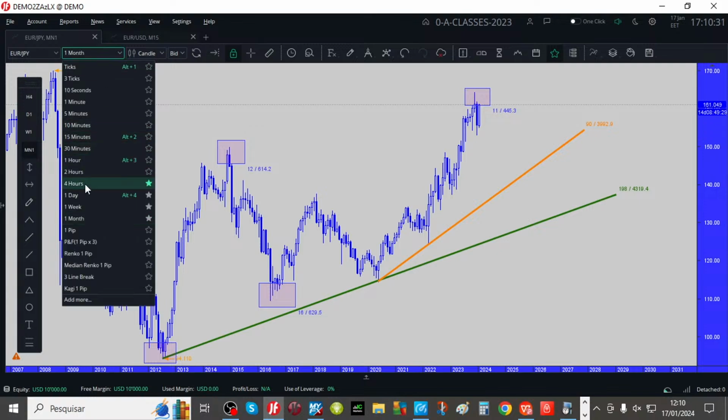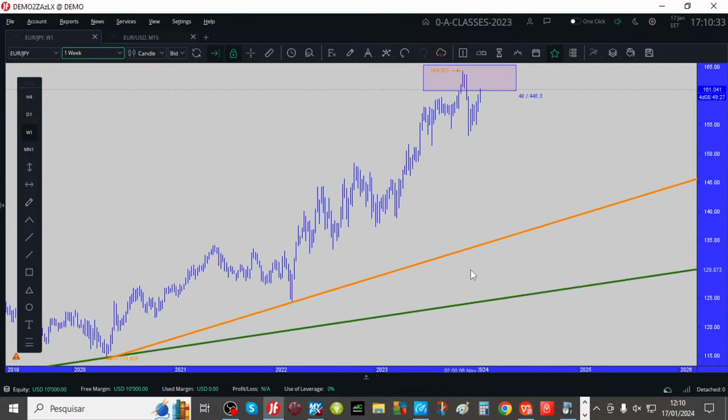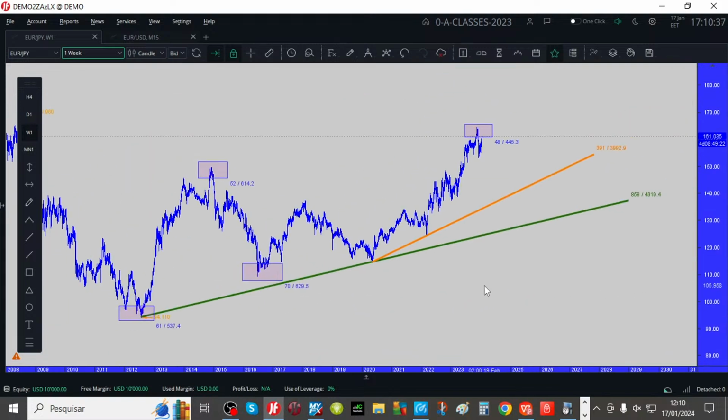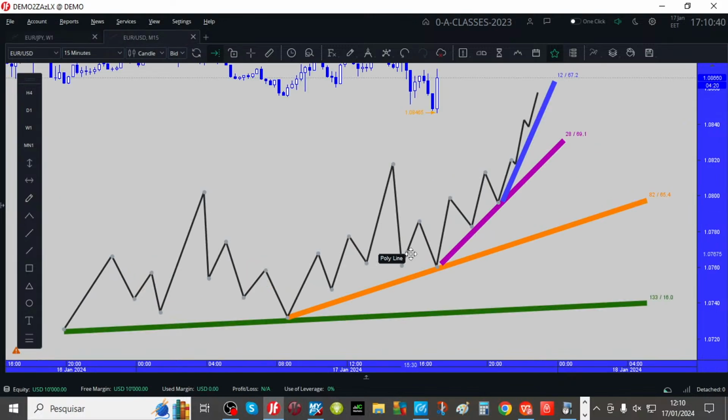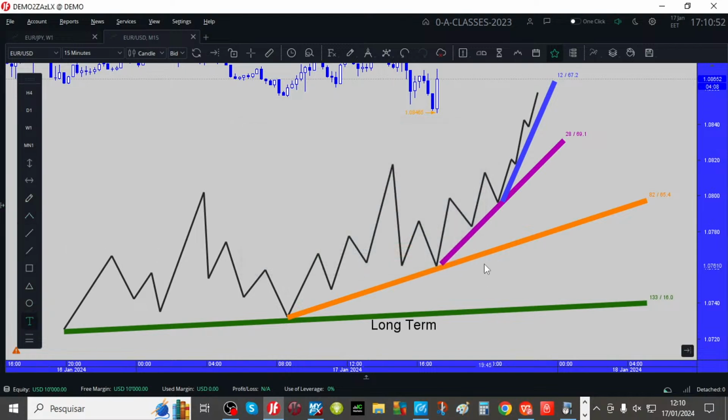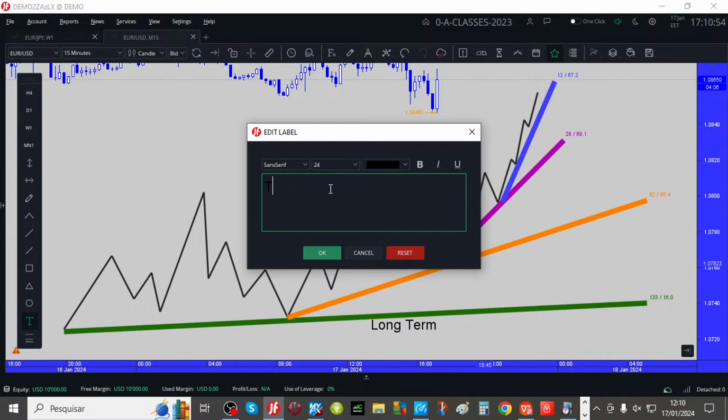Now, if I go on the weekly chart, right, can we draw more trend lines? The green is the long term. The orange is what is called the medium term.